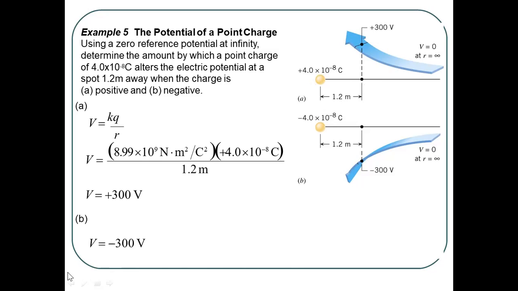For letter B, we're just going to change the sign of the charge to negative, so the voltage is negative as well. This gives us negative 300 volts, which is on the lower end of your potential energy for electrostatic forces.